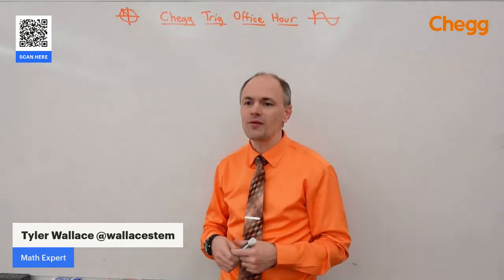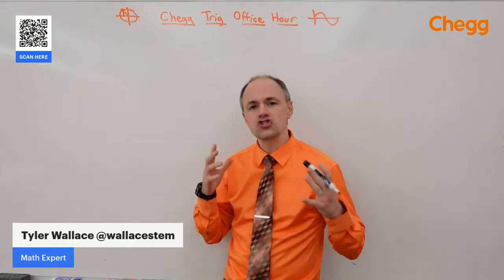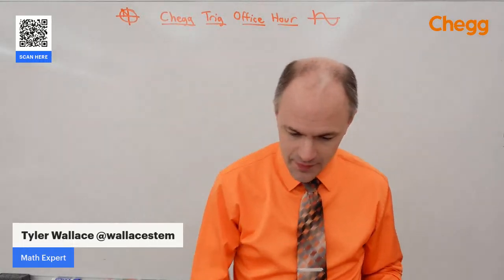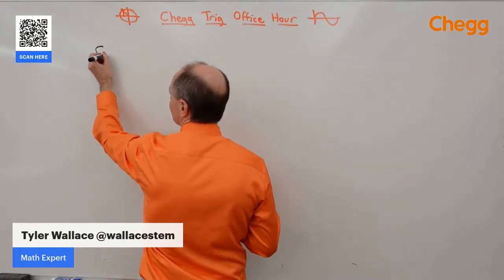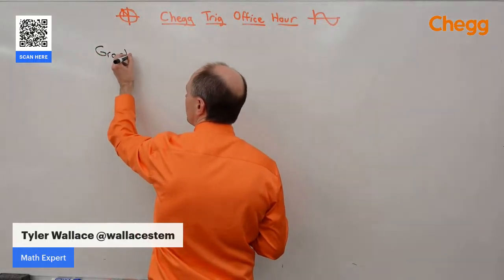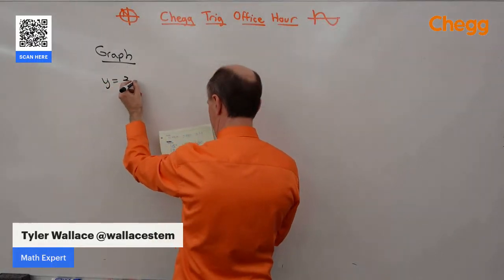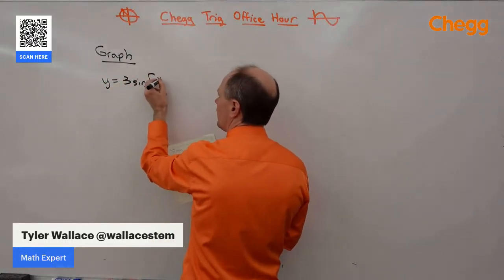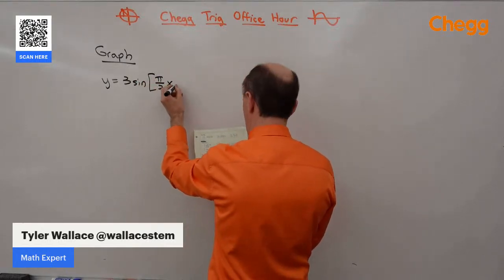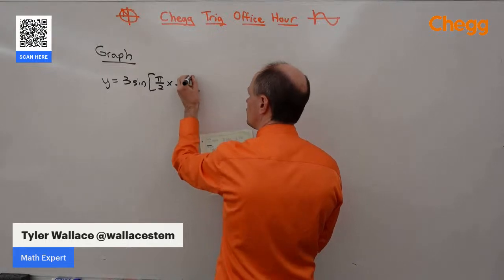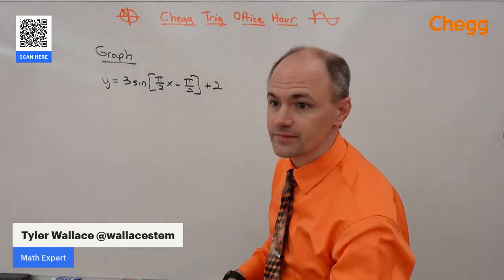Well, to kick things off, I wanted to start with a little bit of a graphing problem because graphing sometimes is a big challenge in trigonometry. So I'm going to start with saying we're going to make a graph for the function y equals 3 sine of pi over 2x minus pi over 2, and then a plus 2 at the end.